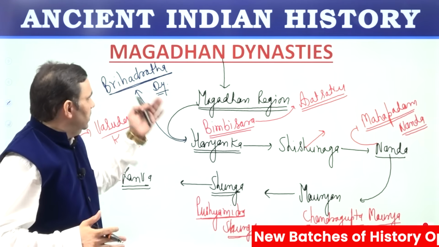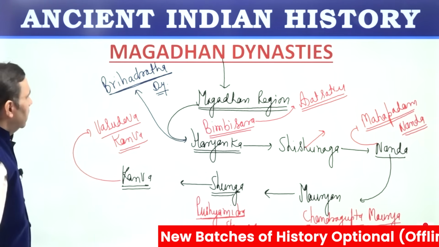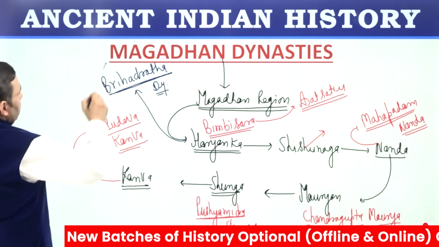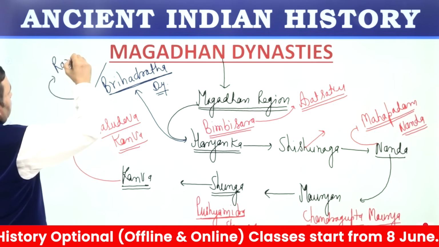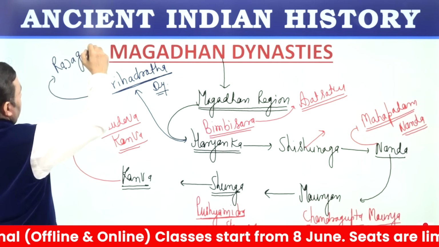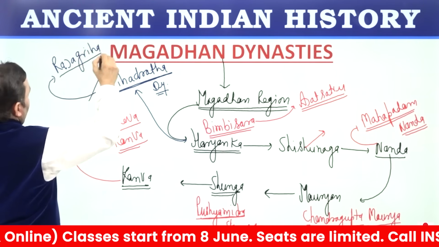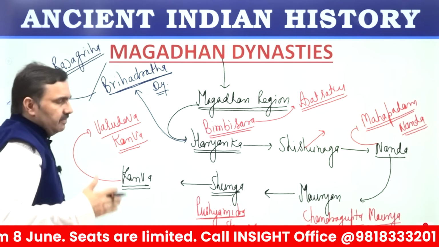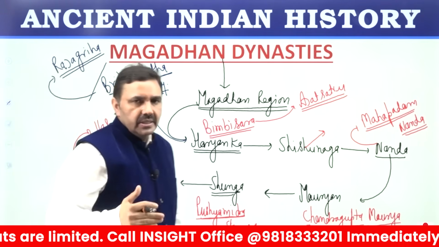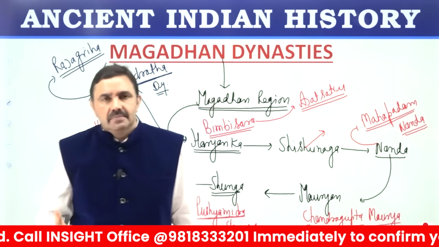But this was different, Brihadratha dynasty. Here, Rajgir of today, Rajagraha of that time, was made capital. So early capital of Magadha was Rajagraha, today's Rajgir in Bihar.